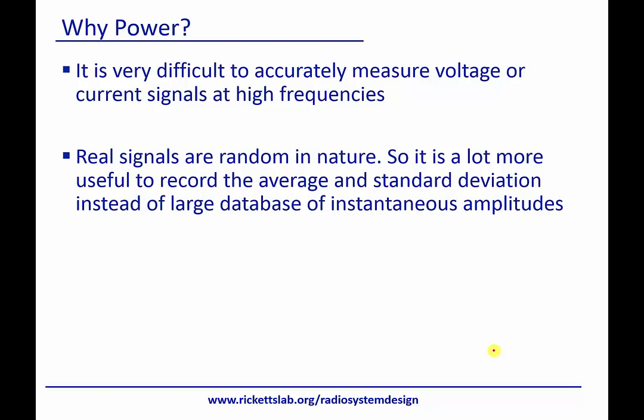If we're looking at a random signal, we can talk about its random properties, but the average power of that signal generally stays the same. If I'm looking at your cell phone signal coming out, I can probably tell you exactly what its power is over the entire conversation. It would be really tough, unless I captured all the data, to figure out exactly what the voltage and currents were. So this is another reason why power is useful.